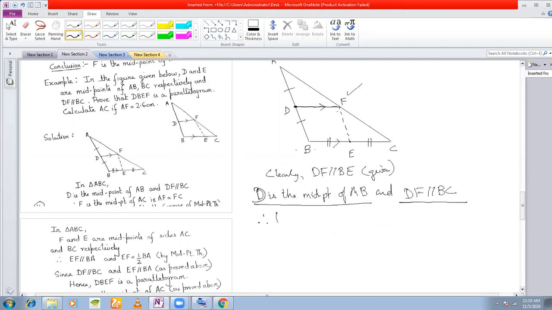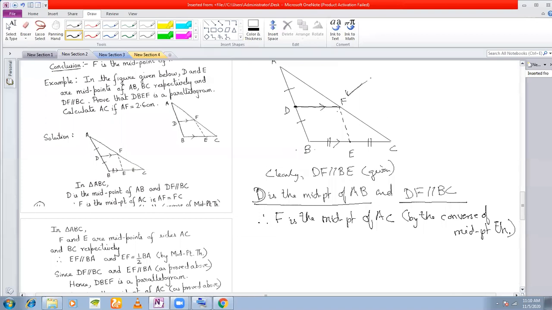So therefore, by the converse of midpoint theorem, F is the midpoint of AC. So I've shown that F is the midpoint.